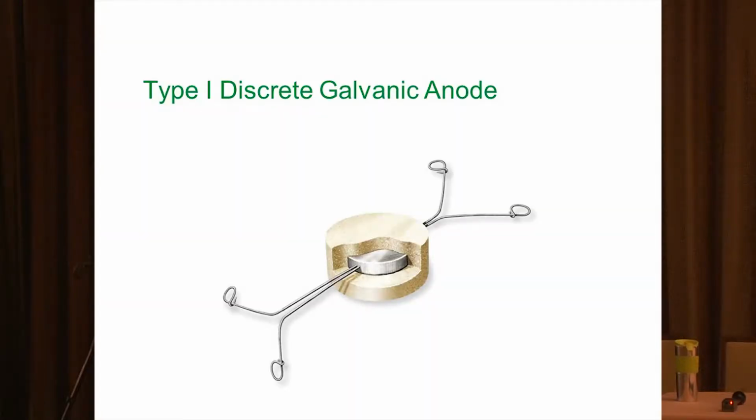One of the solutions to this is the use of galvanic anodes. ACI refers to these as type 1 discrete anodes. These are comprised of a piece of zinc inside an activating mortar, and that combination forms basically a mini battery, so to speak. That piece of zinc, because of its higher electrical potential, will corrode.